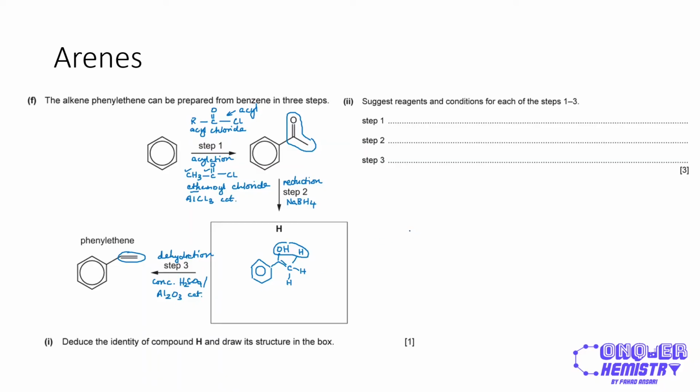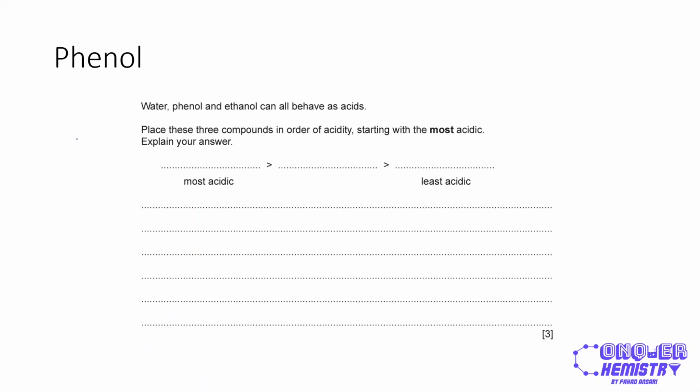So this is enough about arenes. We shall move on to the next topic, which is phenol, another special arene. Phenol is a special arene with a hydroxyl group bonded to the benzene ring in place of one of the hydrogen atoms. So its structure looks something like this.